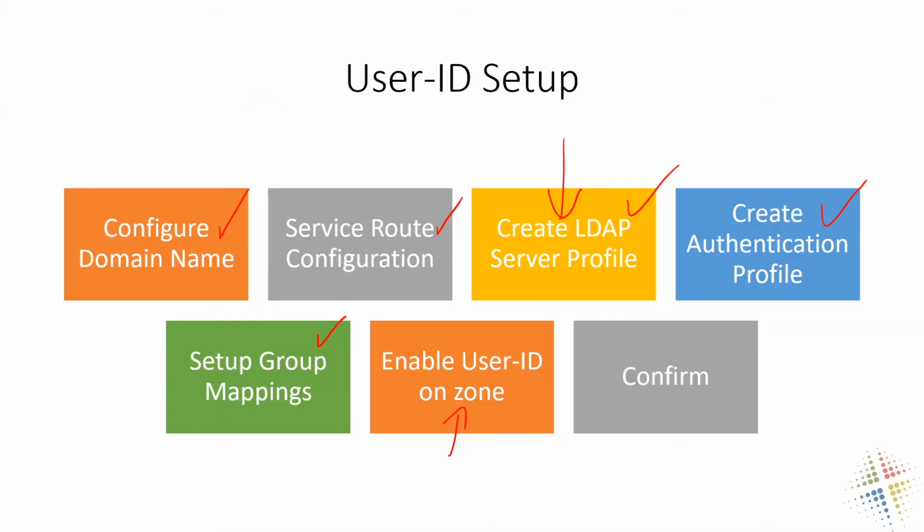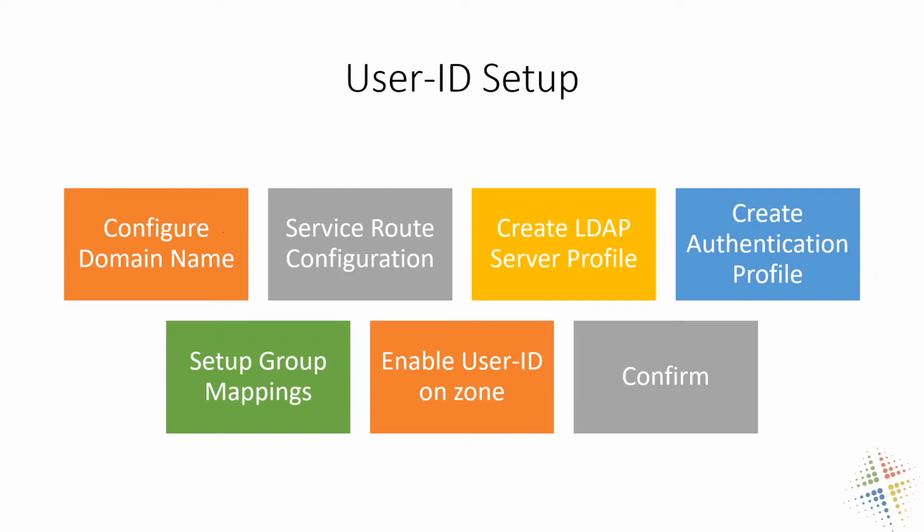We have configured the domain name so that we know exactly which domain name we're looking at. We have configured service route configuration so that the network traffic, the domain traffic, is going out the right interface into our private network as opposed to straight out of our management network.